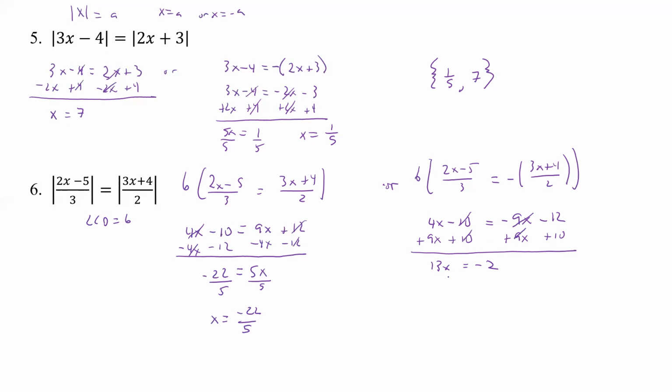Okay. So now we divide by 13. And so x equals negative 2 over 13. So our solution set then is negative 2 over 13, comma, negative 22 over 5. And so that would be our solution to this problem here.